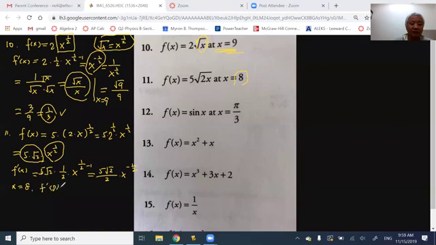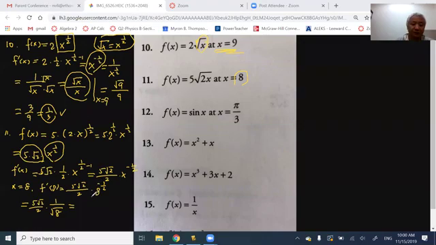So we get f'(8) equals 5 root 2 over 2 times 8 to the negative 1/2 power, right? So this one you can simplify further. You get 5 root 2 over 2 times 1 over the square root of 8, like this. Because of the negative power, we can flip it down, right?